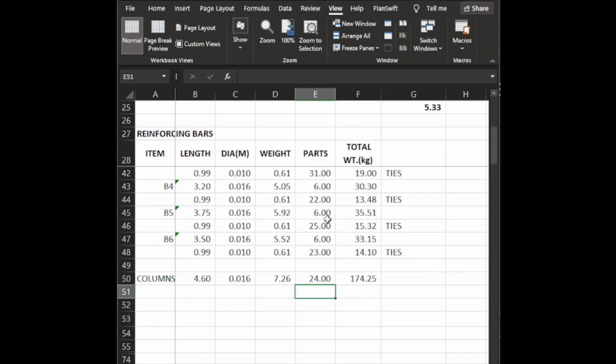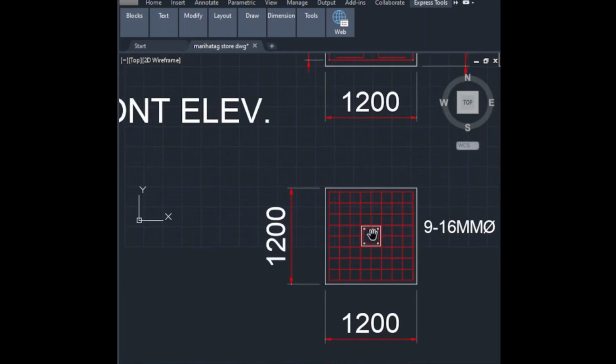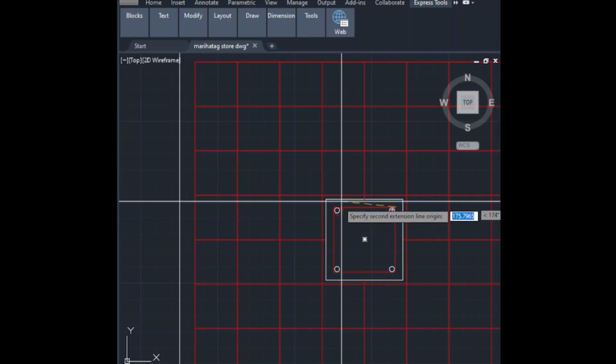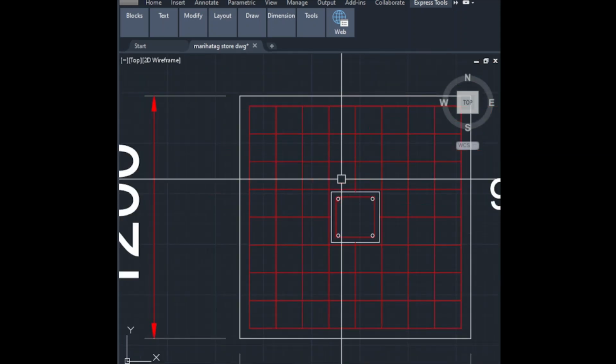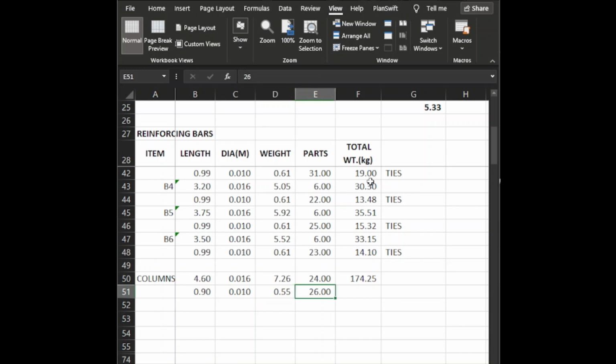So we have 26 bars. And how much length of the ties? 0.2 times 4. We'll just put plus 0.1, then 10 mm. So the weight is this one, so the total is, this one is ties.